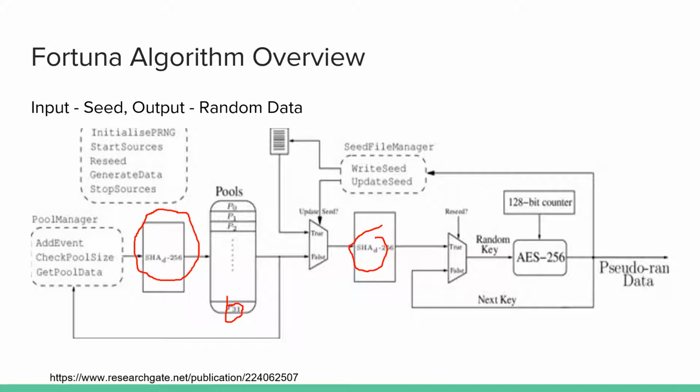Now that you've seen in the previous slides the components of the Fortuna algorithm, I would also like to show here that this is the seed file, this is the seed file manager, this is the entropy accumulator, and this part is the generator.